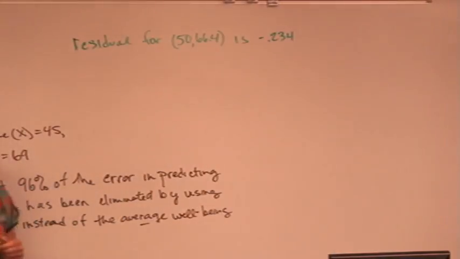It's negative. Is that an under or over approximation? You got a 50-50 here, right? It's actually an over approximation. Remember, when the residual is negative, it means the data value is below the line. So when the line is above, it's an over approximation.